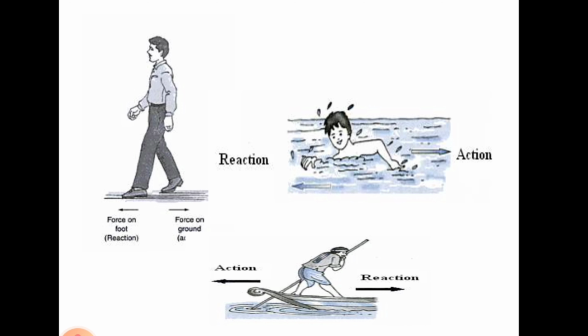This is the reaction. When you jump, your legs apply a force on the ground, and the ground applies an equal and opposite reaction force that propels you into the air. Okay, so when you jump, when you walk, all this time this reaction process happens.